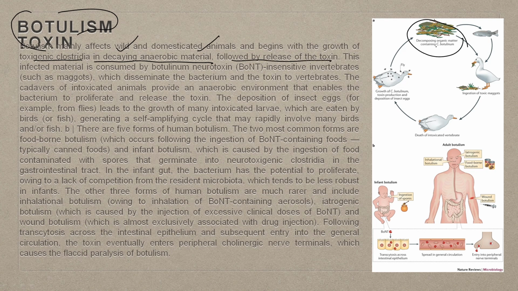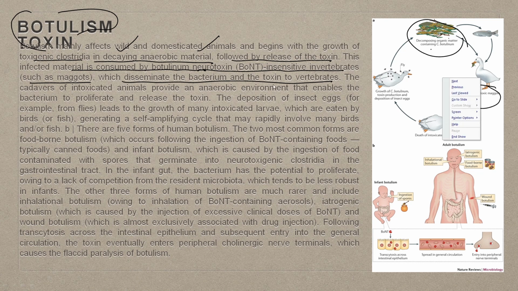So, this is the decomposing organic matter containing Clostridium botulinum. This infected material is consumed by botulinum neurotoxin insensitive invertebrates such as maggots. So, basically these are the toxic maggots which are consuming it, which disseminate the bacterium and the toxin to vertebrates. So, it is reaching the body of vertebrates.